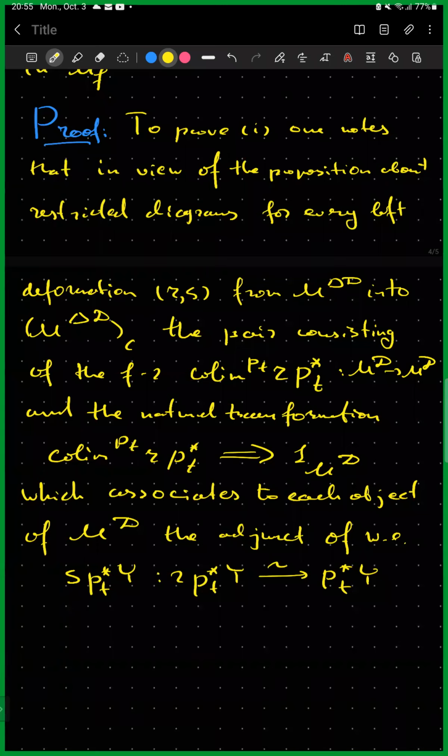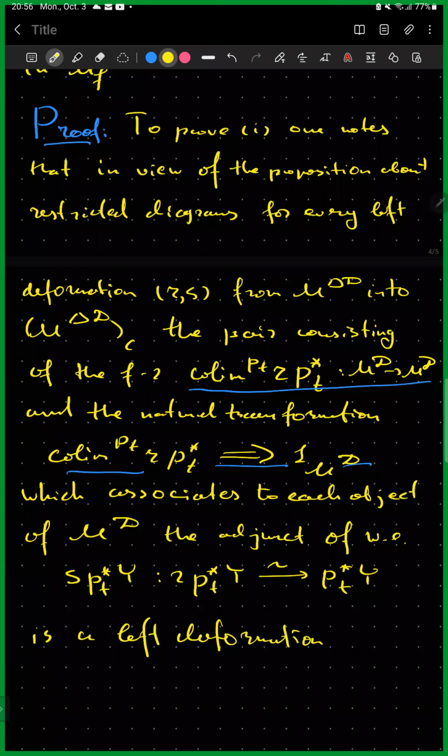So this pair consisting of this functor and this natural transformation is in fact a left deformation of MD into the subcategory of virtually equifibrant diagrams.